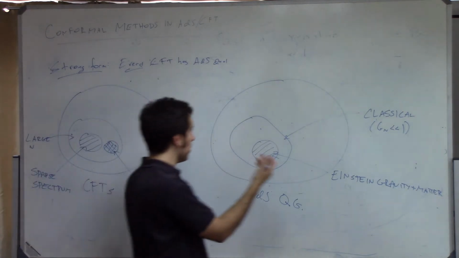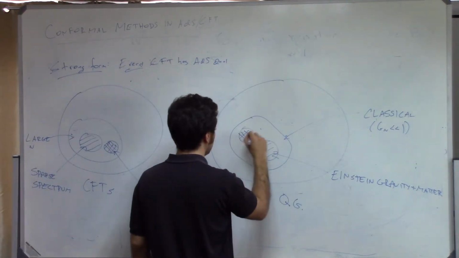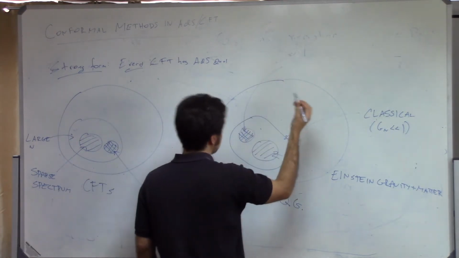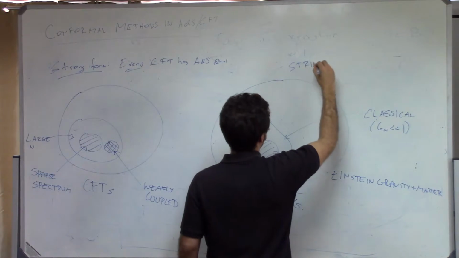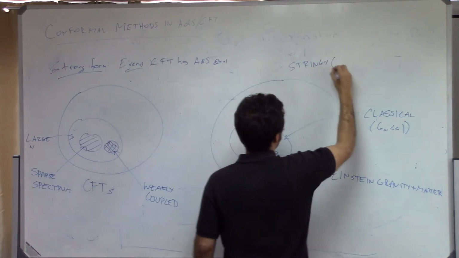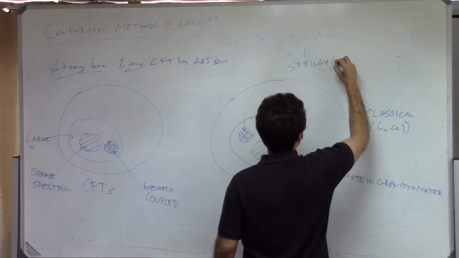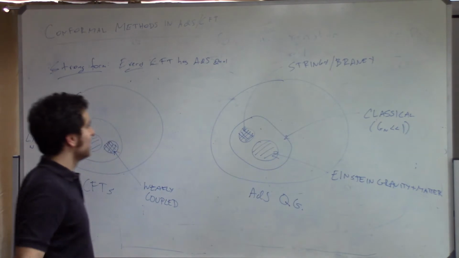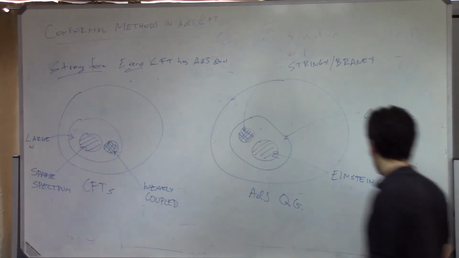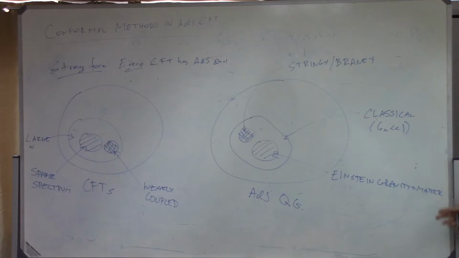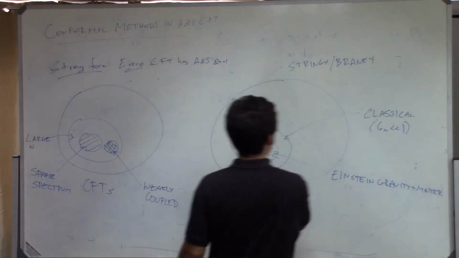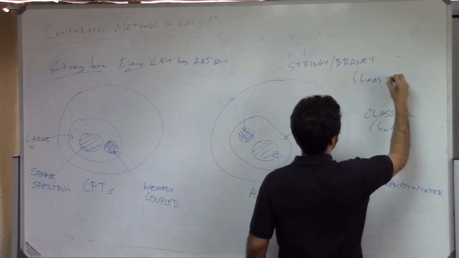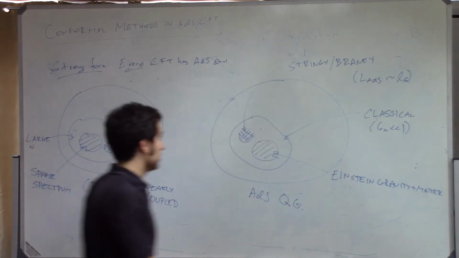This would be dual in the bulk to something which is classical, but for example, stringy, or, well, I don't think this is really a word that people use, but brainy. So unlike Einstein gravity, where we just have some local operators and there's no strings around, we can now add some strings, and we have a finite string length. And in particular, the AdS radius will be of order the string length in examples like this.